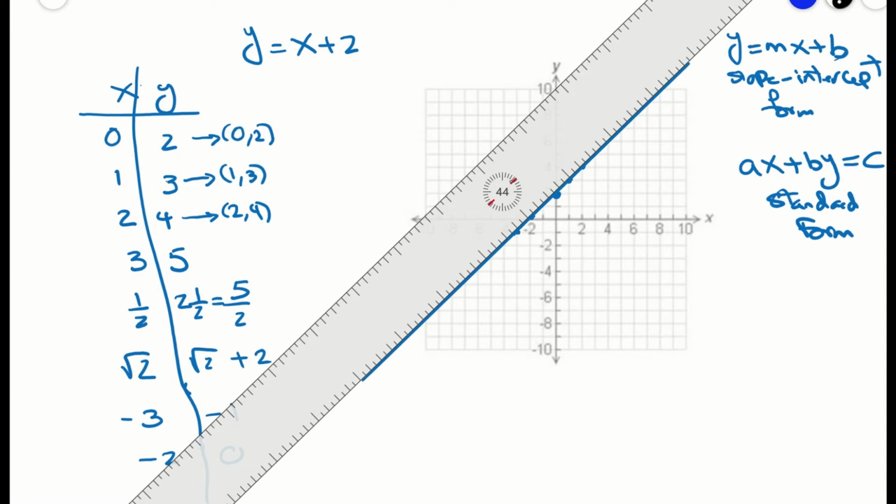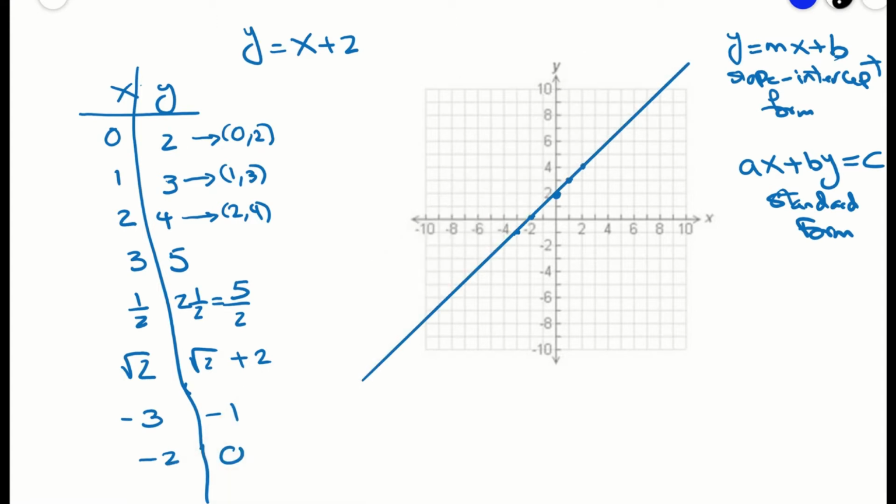So notice that all these other points, even the less simple ones, more complex numbers such as the square root of 2, or you can even have pi as an input, etc. They will all have a representative on this line, right, in the form of an input-output pair.